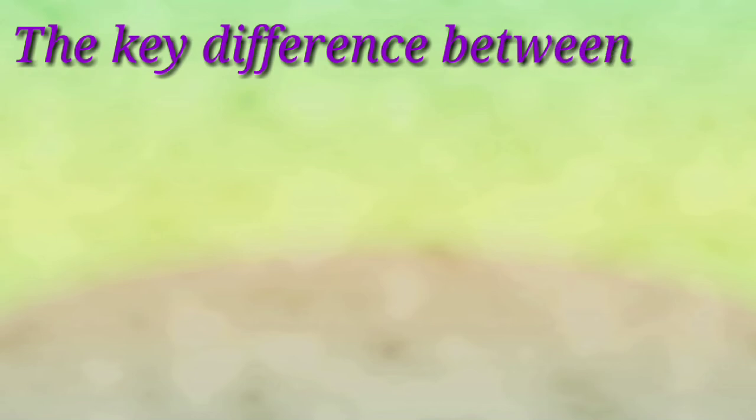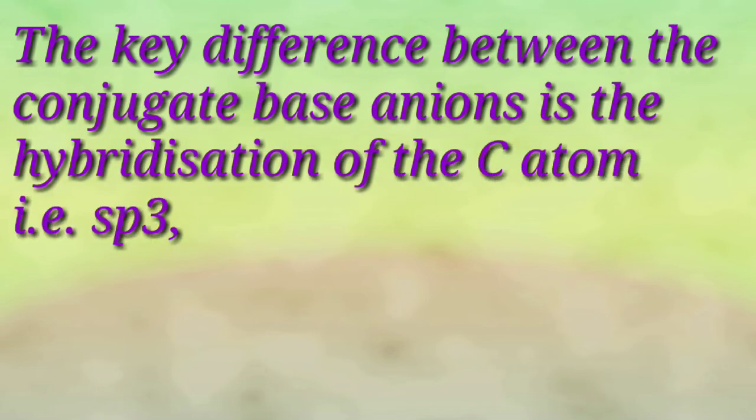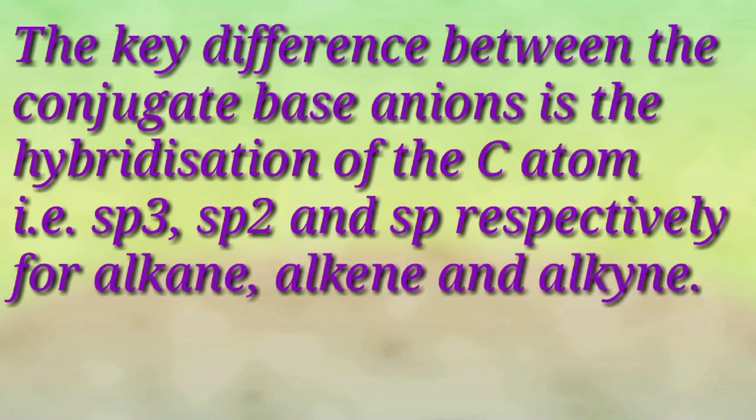The key difference between the conjugate base anions is the hybridization of the carbon atom, that is sp3, sp2 and sp respectively for alkane, alkene and alkyne.